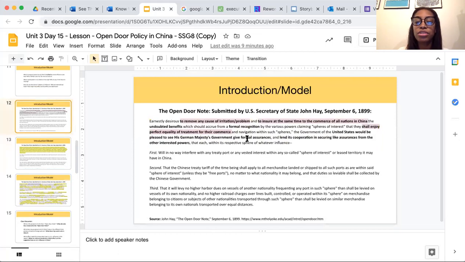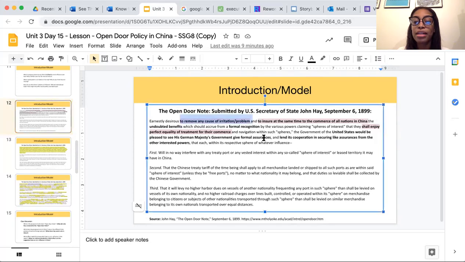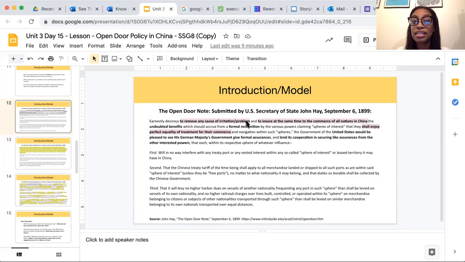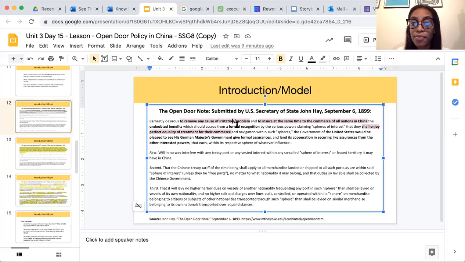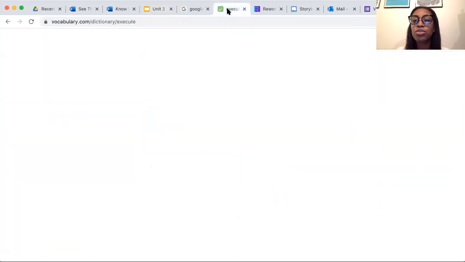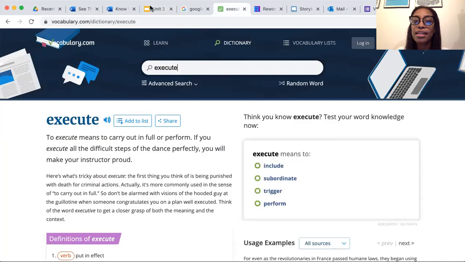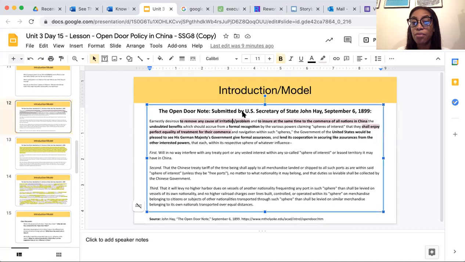Something else that you can do is highlight the really important parts of the text so that students can look at it. And if they're having problems with the vocabulary, they can use vocabulary.com, pop it right in, and get the definition, right?